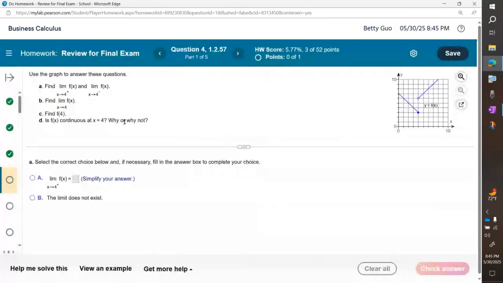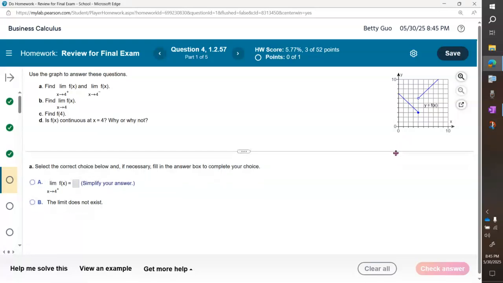Question number 4. We need to consider left-hand limit, right-hand limit, the limit, and the value of the function at 4, and determine if the function is continuous. Part A, select the correct choice below. The function is given, whose graph is given.